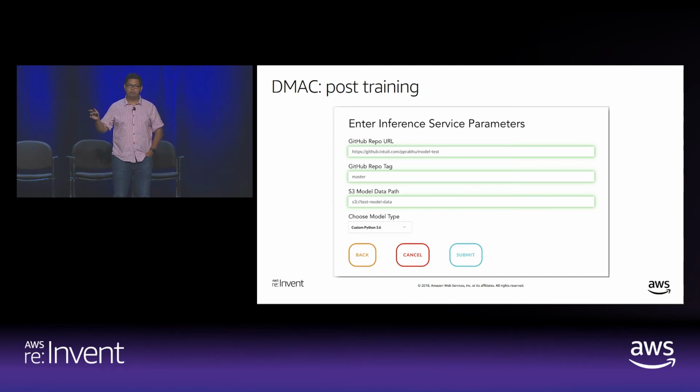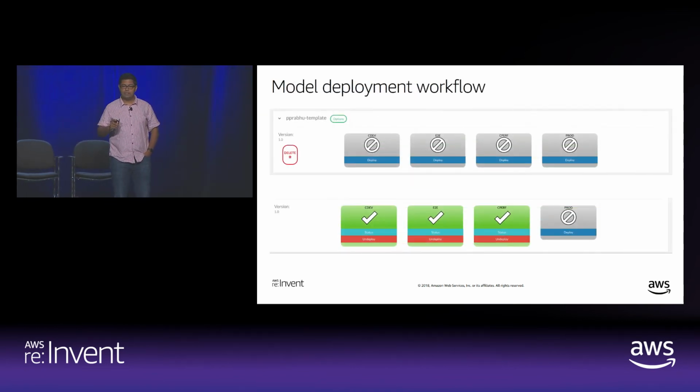SageMaker then creates a hosting endpoint and links it to this particular ECR image. Once that happens, it's available to our data scientists to promote through different environments.